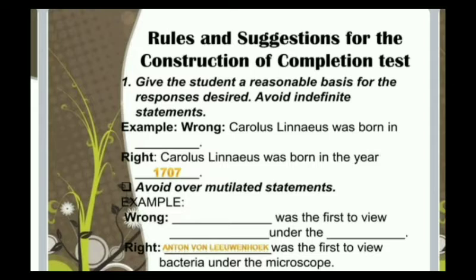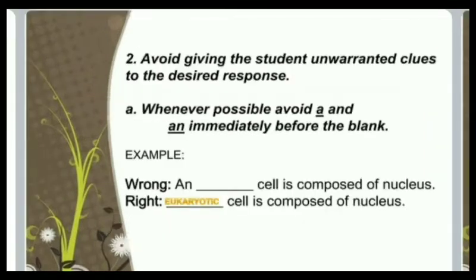To make it right: Carolus Linnaeus was born in the year 1707. The next is avoid overmutilated statements. A wrong example is: blank was the first to view blank under the blank. To make it right: Antonie van Leeuwenhoek was the first to view bacteria under the microscope.